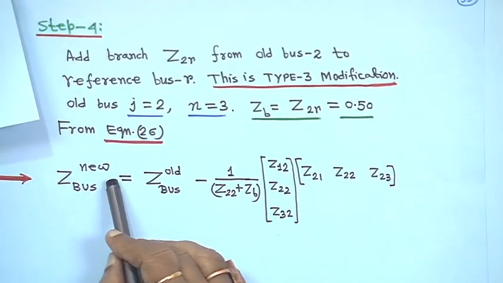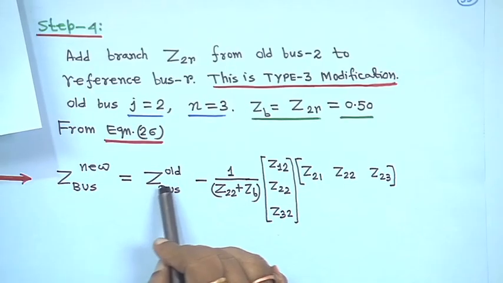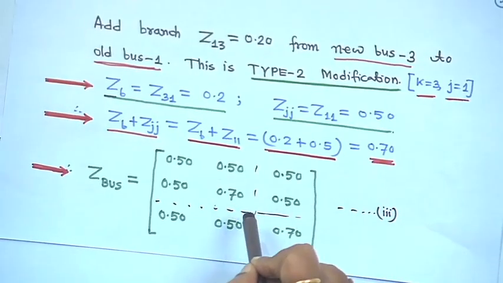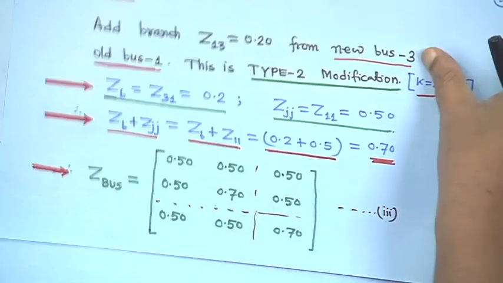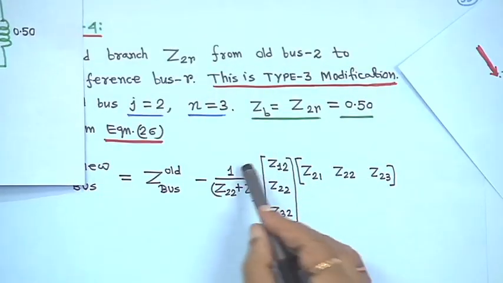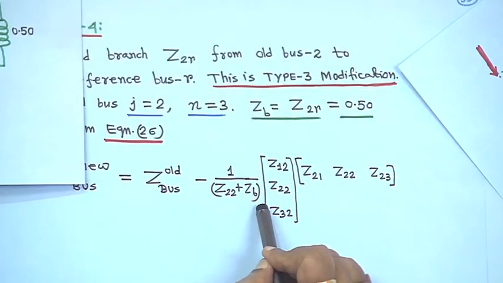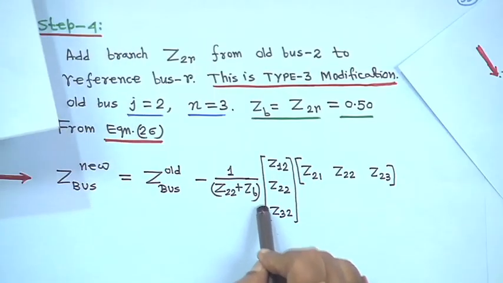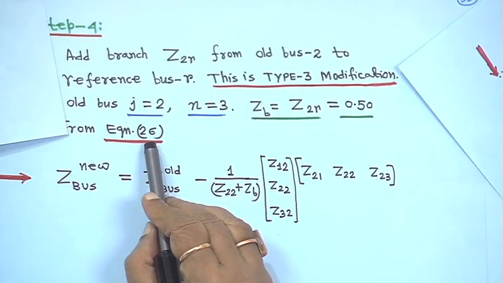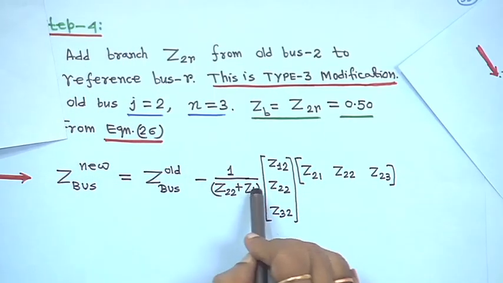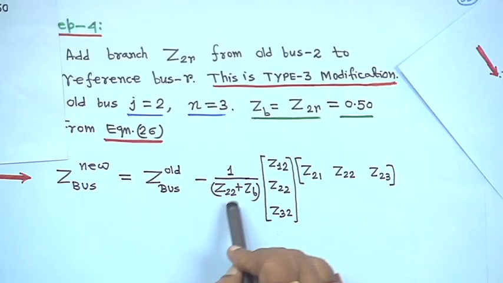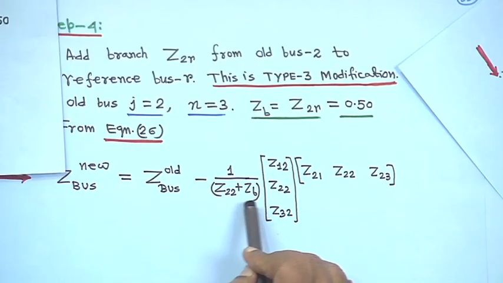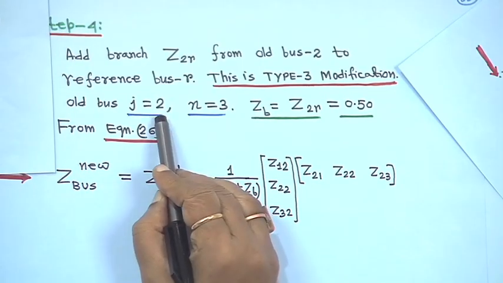So, Z bus new is equal to Z bus old. Z bus old means this one, the step 3 calculation, minus 1 upon Z22 plus ZB as per your equation 26. That is a huge equation, but it is only a 3 bus problem. It will become 1 upon Z22, that is ZJJ plus ZB, j is equal to 2.